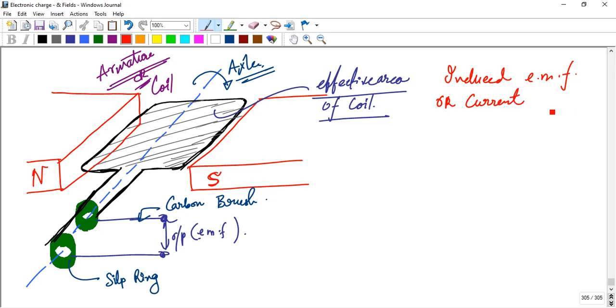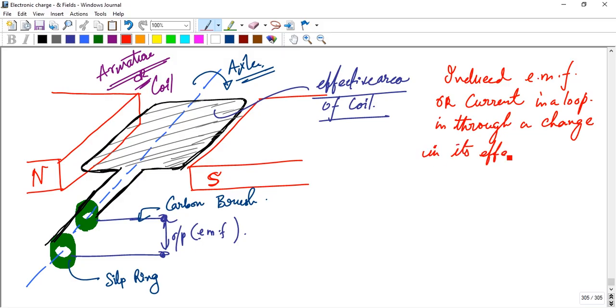Current in a loop or coil or armature is induced through a change in its effective area, if the coil is rotated.